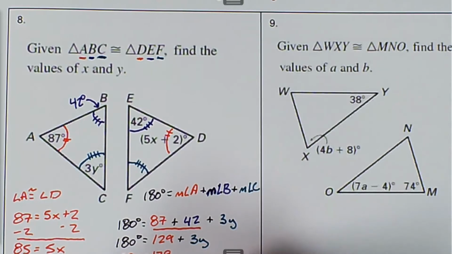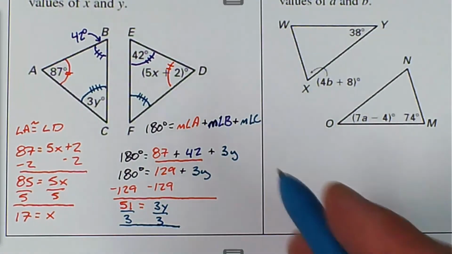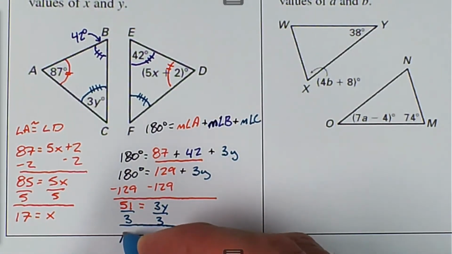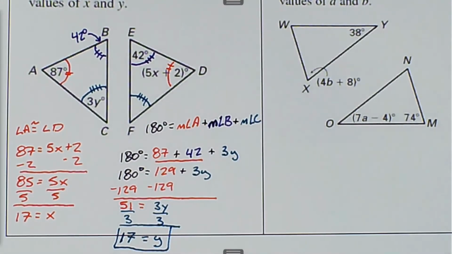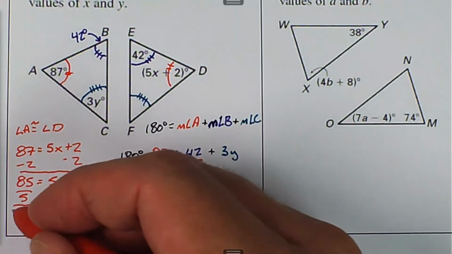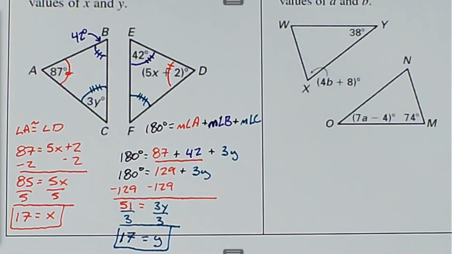And then we can divide both sides by 3, and we get 17. Then we get 17 is equal to Y. So both X and Y in this case were equal to 17. That will not always be the case, but in this case it was.